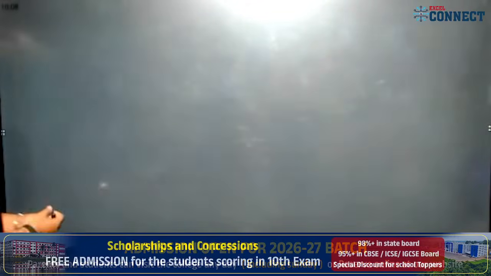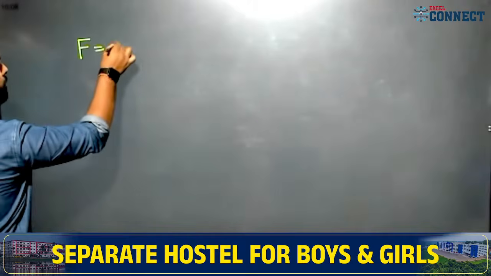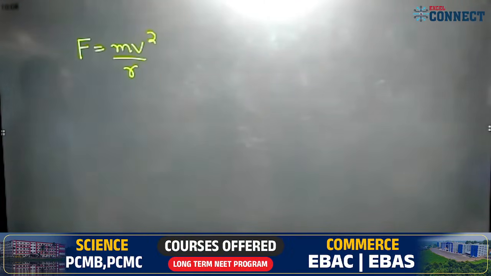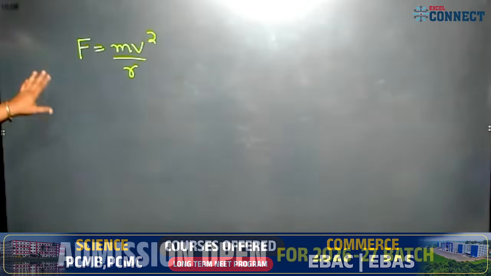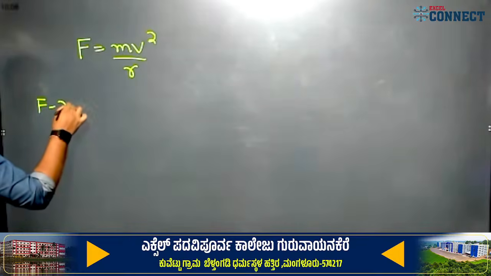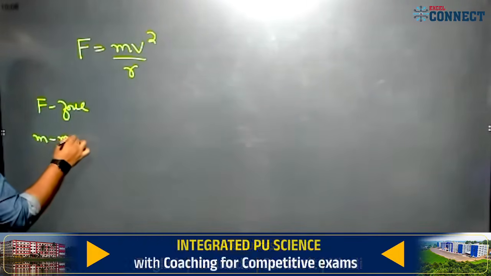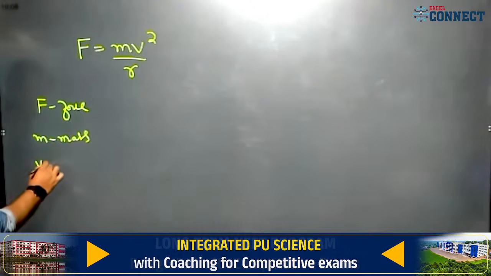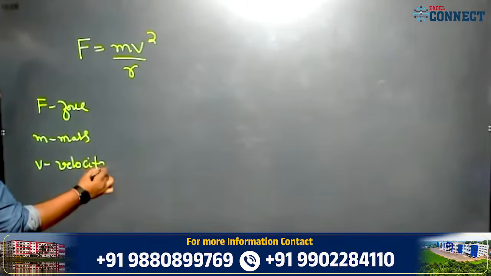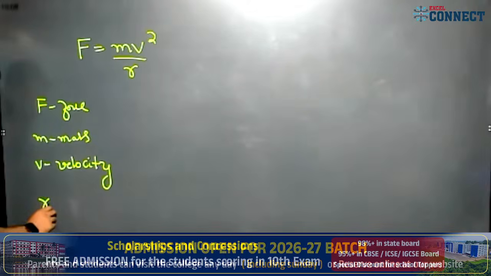We have a formula F is equal to m v square by r. You have to check whether the formula is correct. Here F is force, m is mass, v is velocity, and r is radius.